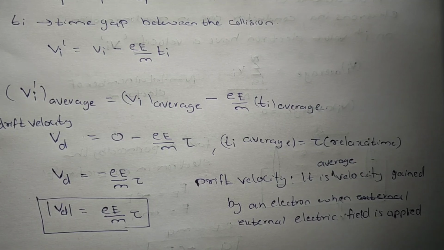The symbol for that is vd, and its formula is as above. Clear? This velocity is a constant velocity. That's all about the derivation of drift velocity.